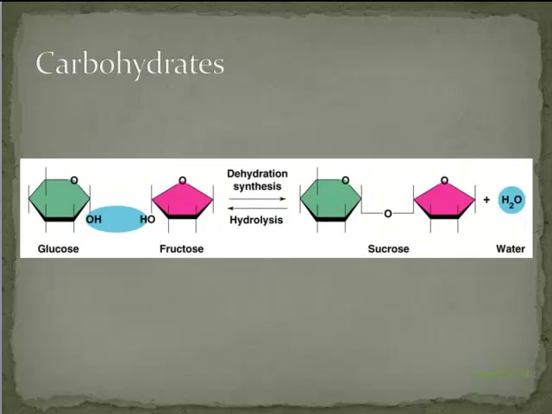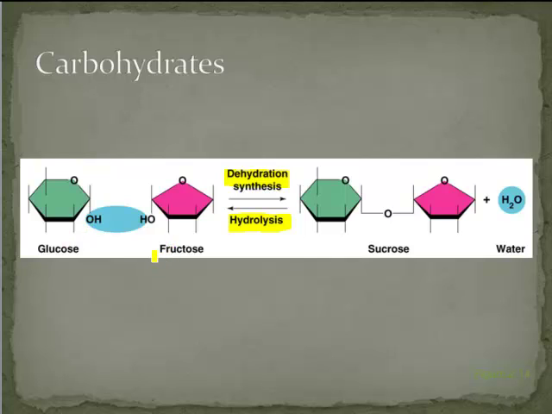The way that you take simple sugars and build them into more complex sugars, disaccharides and polysaccharides, is something called a dehydration reaction, and the reverse is a hydrolysis reaction, which are types of synthesis and decomposition reactions. Notice here we have a glucose and a fructose molecule.